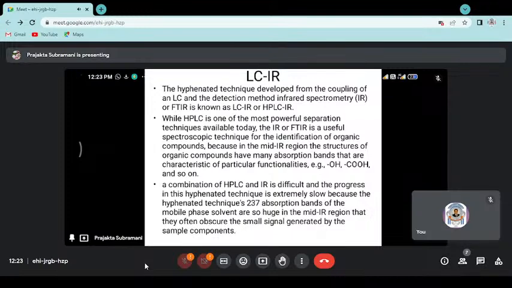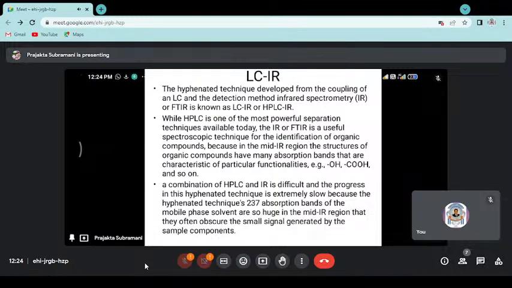It is also known as LCIR or HPLCIR, because liquid chromatography is high performance liquid chromatography. While HPLC is one of the most powerful separation techniques available today, IR is the useful spectroscopic technique for identification of organic compounds.